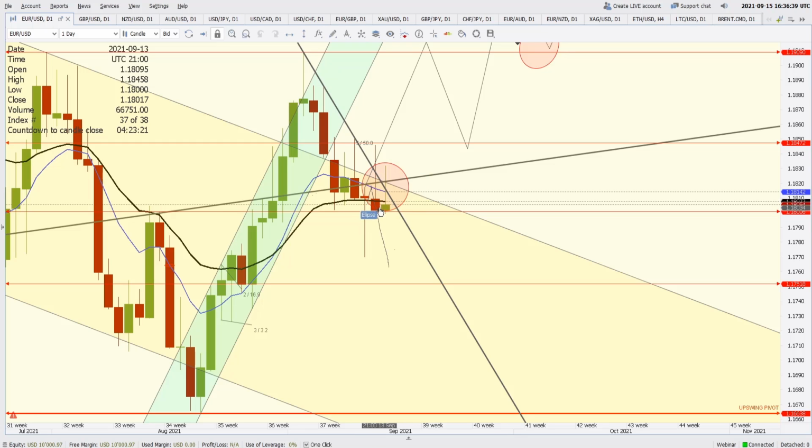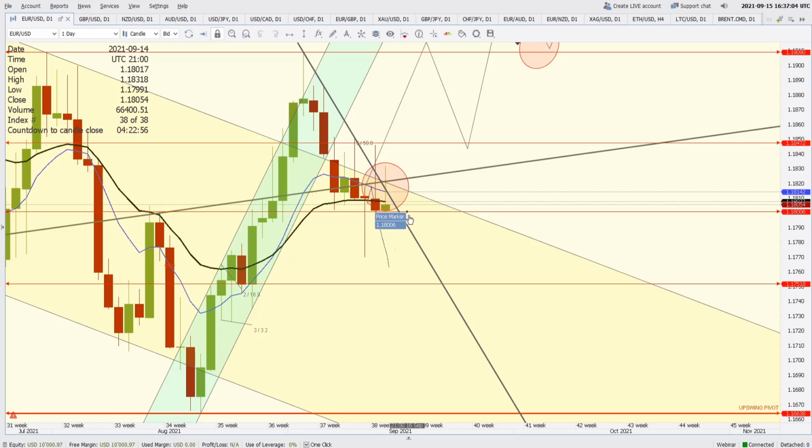Also see that yesterday there was a bearish pin bar which made a high at around 1.1845 and a low at around 1.1800. So there was this 45 pips of range on a daily candle, and it showed a bearish pin bar, suggesting that the bears are trying to take control of the market, but the bulls are still sitting at around 1.1800.